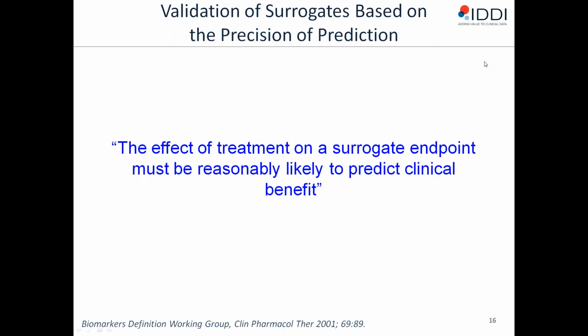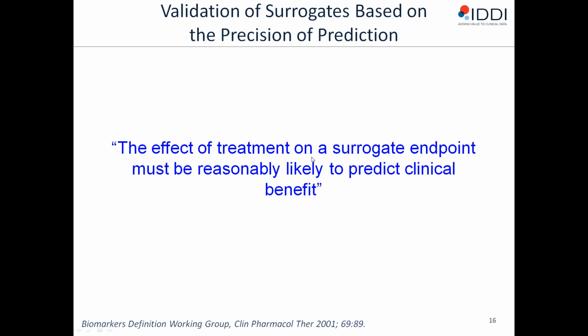Yes, thanks, Everardo. Indeed, what Everardo just mentioned is that if we talk about surrogacy, we often aim at evaluating treatment effect earlier by using the surrogate, the clinical endpoint. So in this respect, we want to predict, and this is the definition of the biomarkers definition working group, that the effect of treatment on a surrogate endpoint must be reasonably likely to predict clinical benefit.